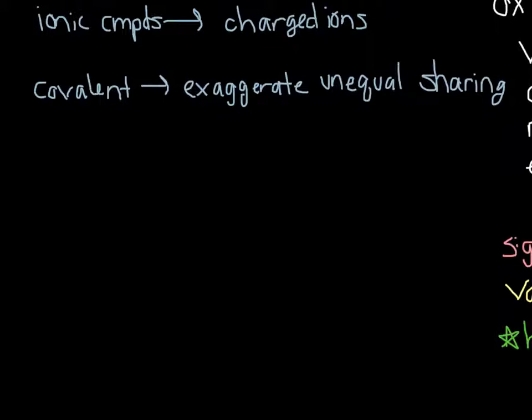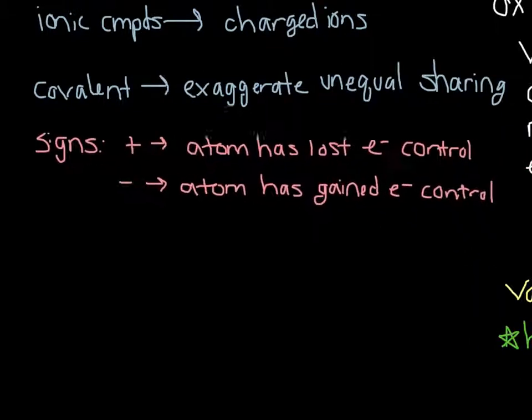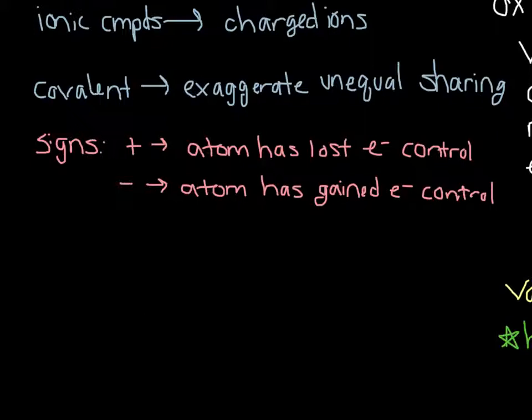Some other bits of information you need to know when looking at oxidation numbers are the sign next to the number. If it is a positive sign, that means the atom has lost control over that electron or multiple electrons, very similar to a positive ion where it's lost electrons.